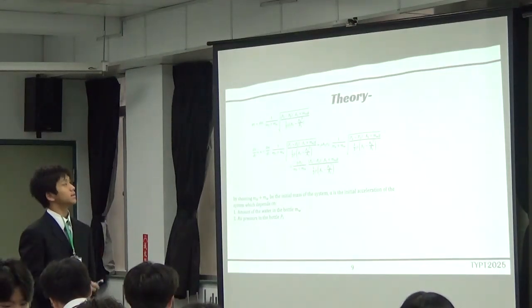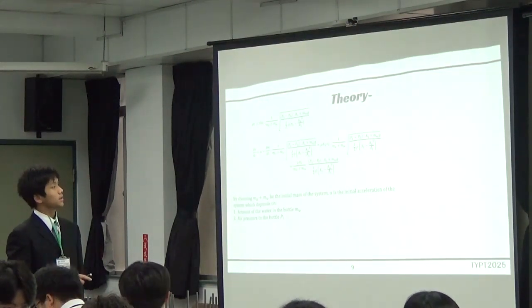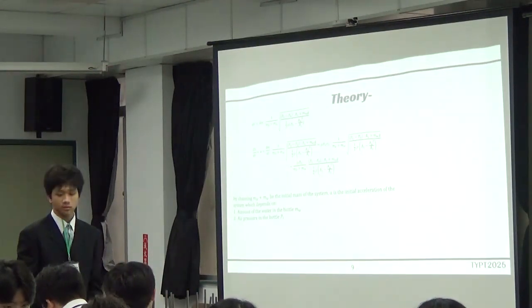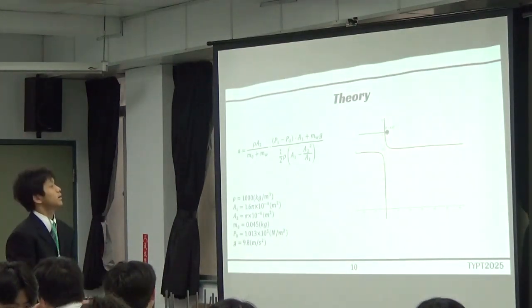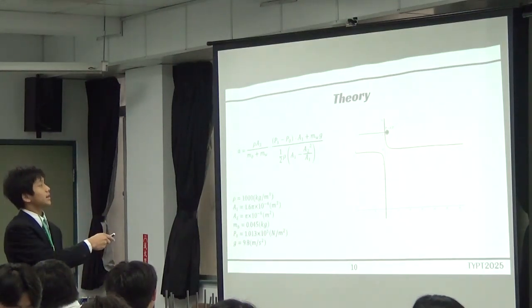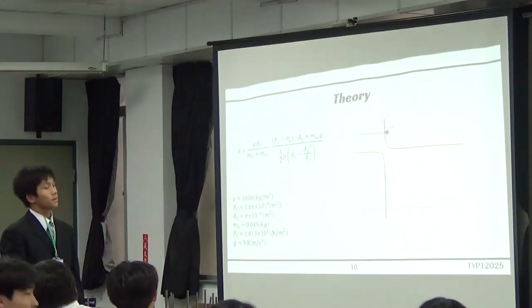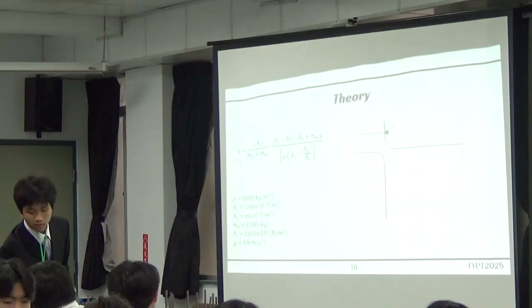So this is the theory from the previous page. After analyzing it, we can get this one, and this is going to be used later. After analyzing that one in the previous page, we can get that the acceleration is this. So I will explain this equation at the end of the presentation.